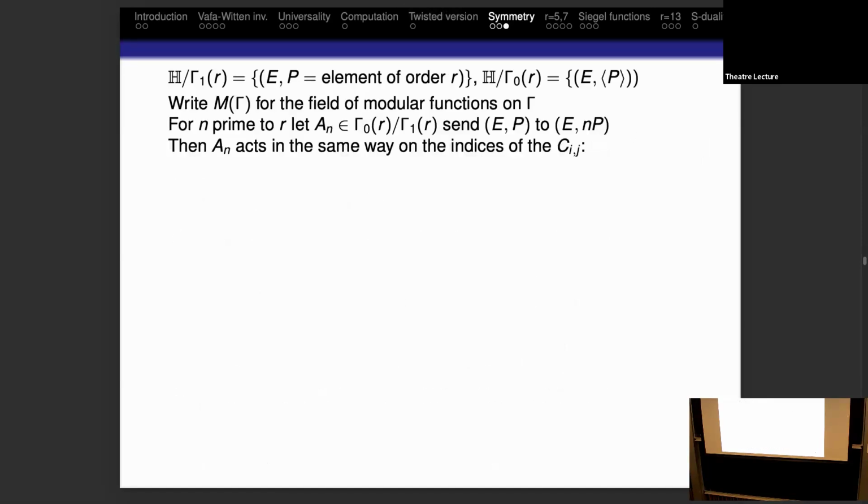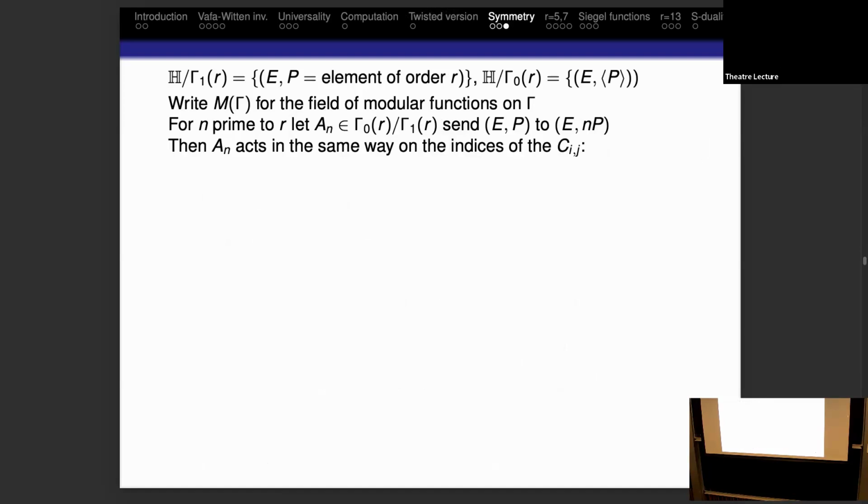So now let's rewrite M gamma for the field of modular functions on R. So for n, a number which is prime to R, we take an element a_n in the quotient gamma 0 by gamma 1, which sends (E,P) to (E,nP). Then a_n acts in the same way on the indices.